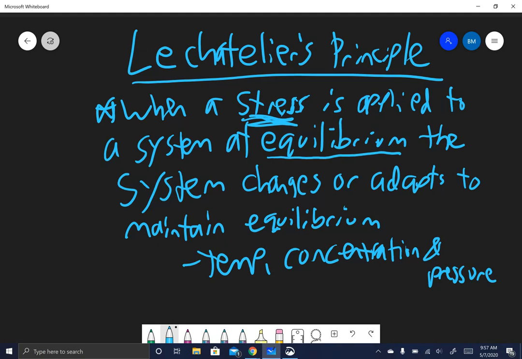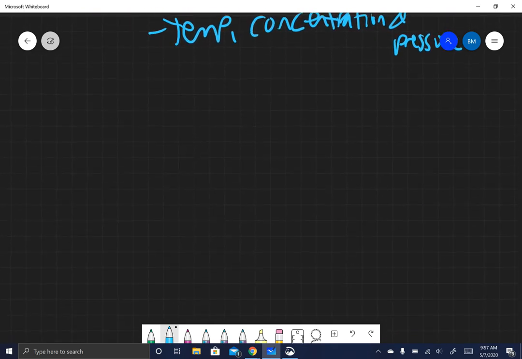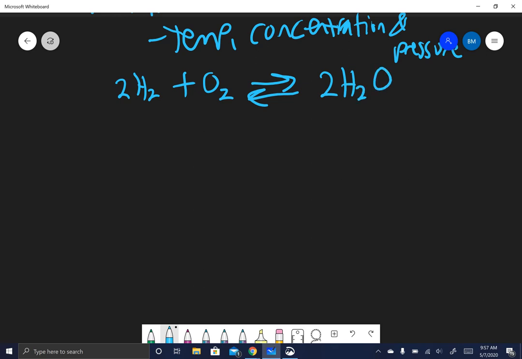Kids don't really learn too well from definitions. Some do, but better are examples and labs and stuff like that. So let's just do a simple example here. All right, I'll give you a real reaction. Let's go with 2H2 + O2 equilibrium 2H2O.